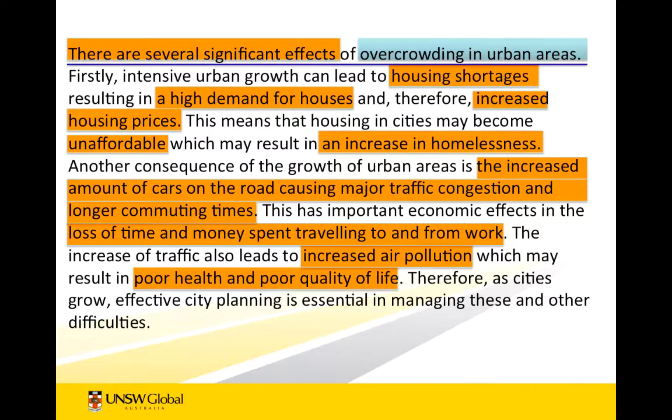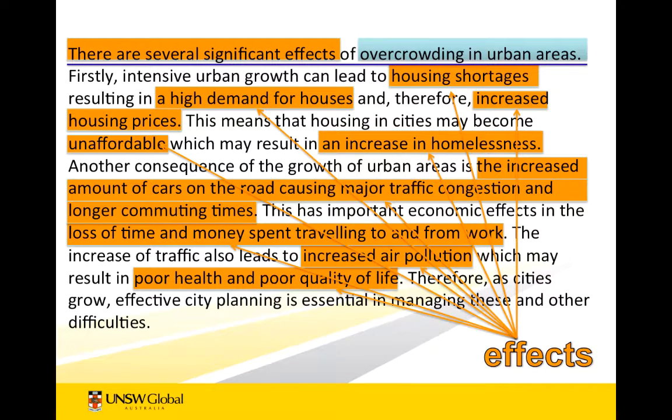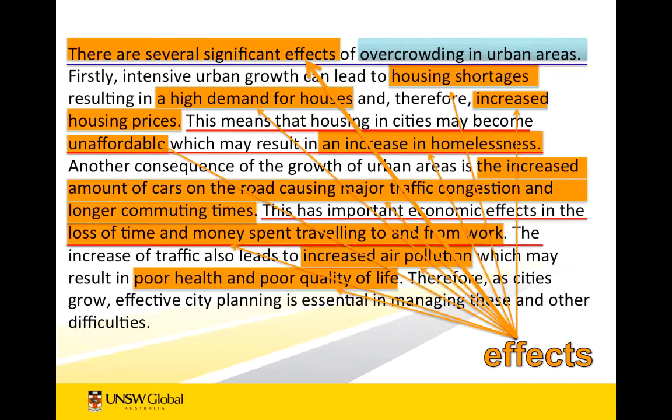It is clear that all of these effects can be linked directly back to the controlling idea that was introduced in the topic sentence. Each example given by the writer to support either housing or traffic is further explained or exemplified to make their ideas clear for the reader.